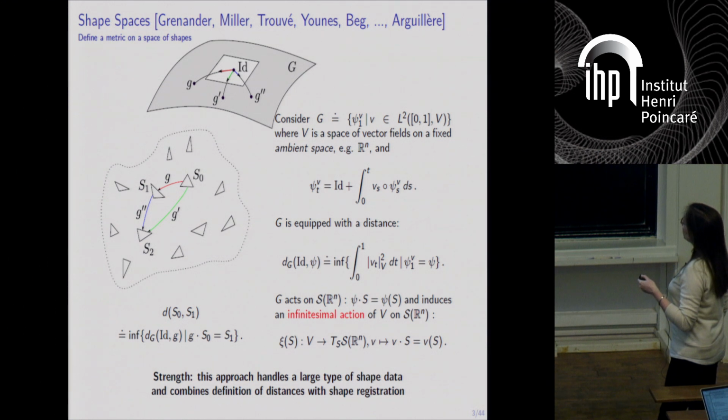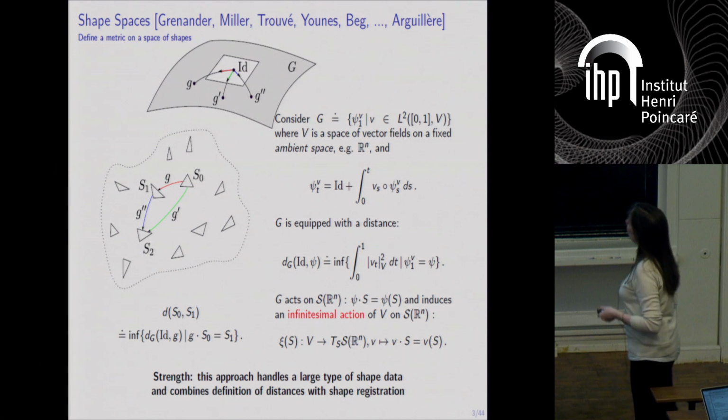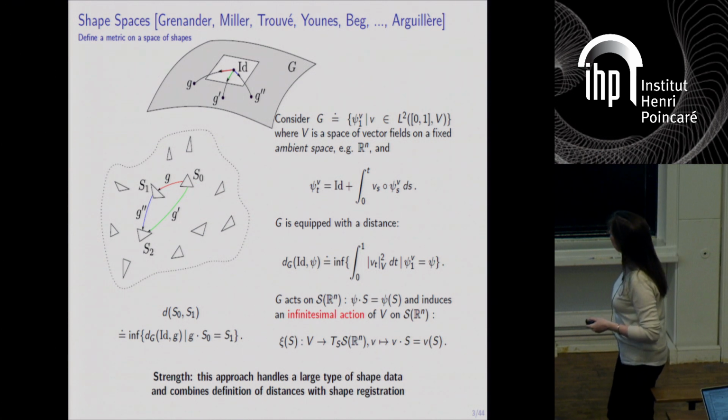And the distance between the identity and a diffeomorphism is the length of the minimal path. And this length is evaluated by the energy of your time-varying vector field.